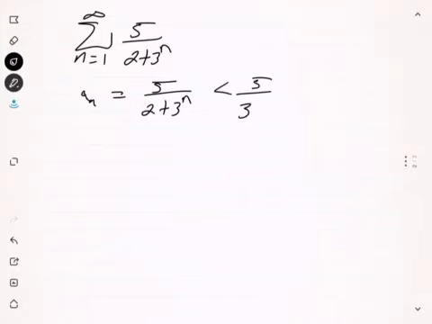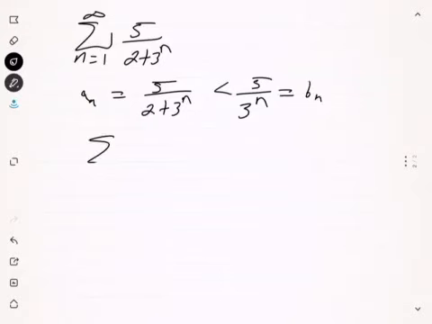This time we have 5 divided by 2 plus 3 to the n power, and we want to see if this series converges or diverges. So we start by writing out 5 divided by 2 plus 3 to the n power, and then this is less than 5 over 3 to the n power, and we call this Bn.